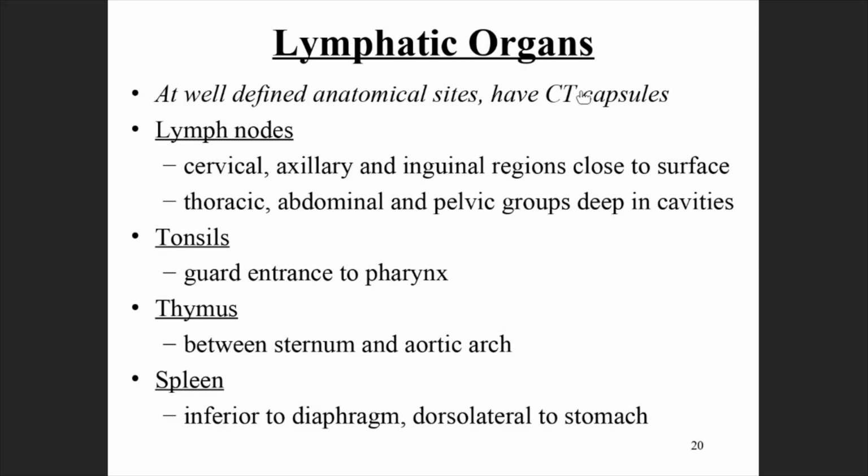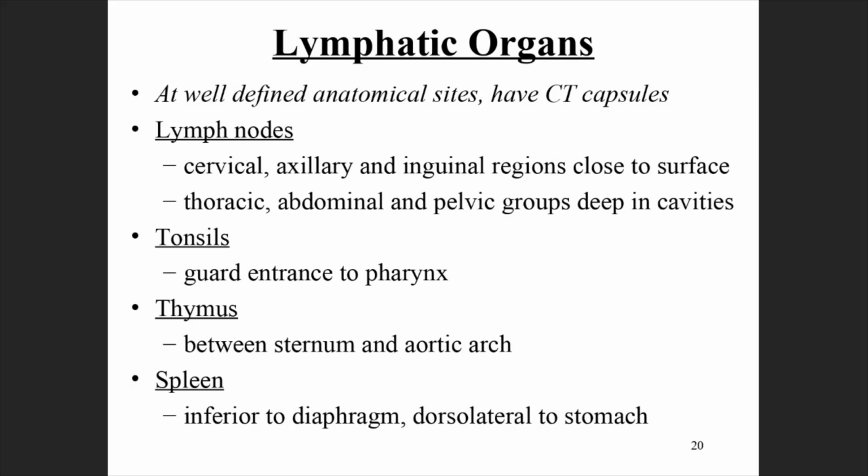Whenever we talk about an organ, we are referring to the lymph node as an organ, the tonsil is an organ, the thymus is an organ, the spleen is an organ. It's an organ because it has a nice connective tissue surrounding that organ. There are other lymphatic tissues, okay? They're not considered organs because they don't have the capsule.